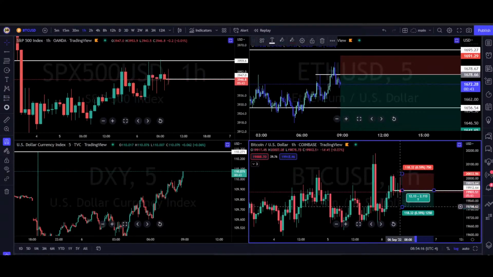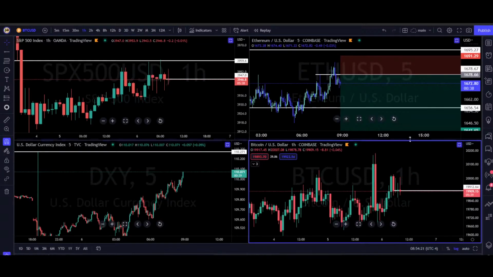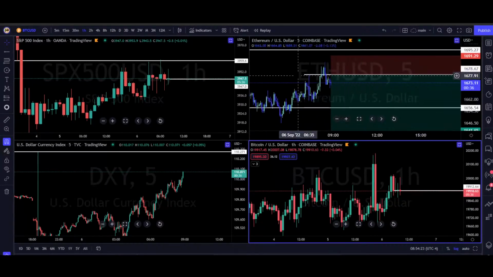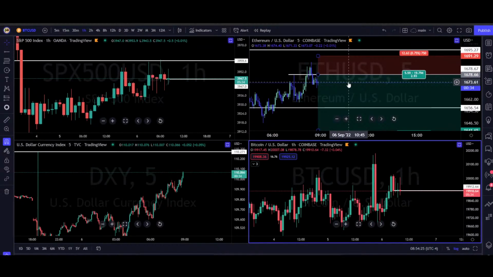That's your risk. Yeah, it would not be a good trade. Ethereum has the better short. For a short, Ethereum is better.